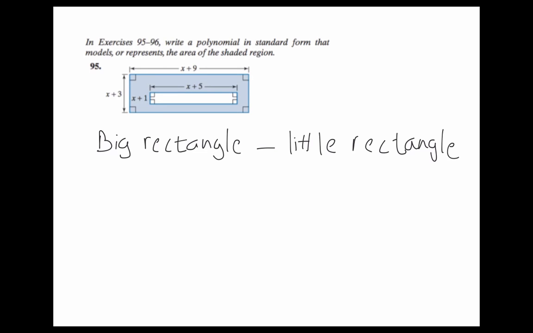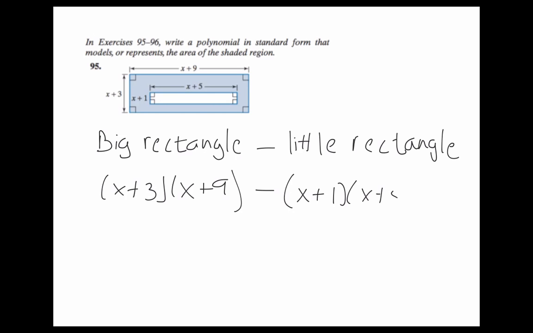So the big rectangle's area would be length times width, which is x plus 3 times x plus 9. And we're subtracting the little rectangle. The little rectangle is also length times width, which would be x plus 1 times x plus 5. To finish it out and simplify, you would just FOIL each piece, subtract them, and combine your like terms.